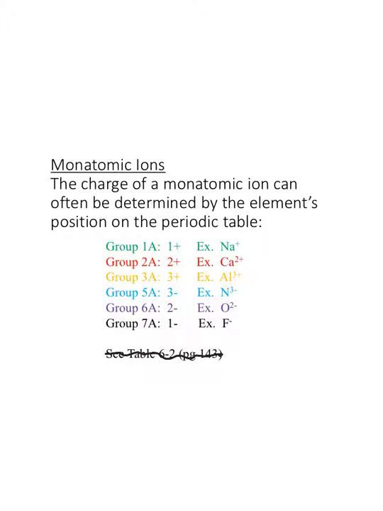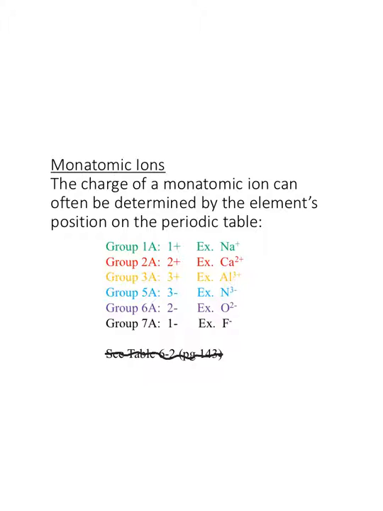So for example, Group 1 elements will always be losing that one valence electron, so they will always have a +1 charge. Group 2 elements will always be losing 2 electrons, so they'll always have a +2 charge. Group 3 elements will always be losing 3 electrons and have a 3+ charge.